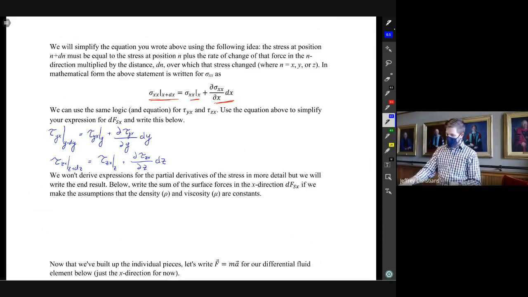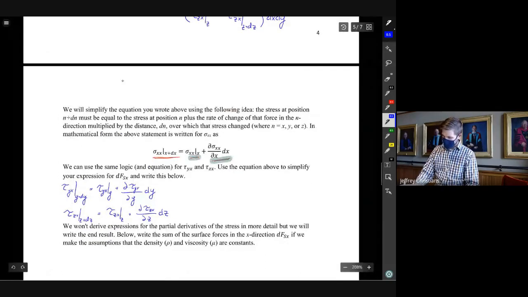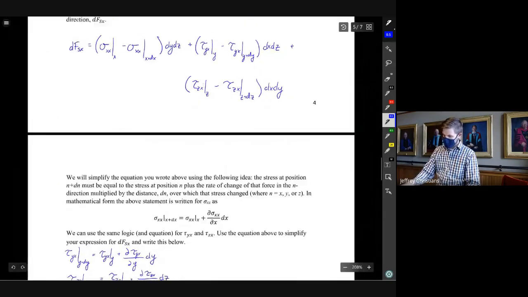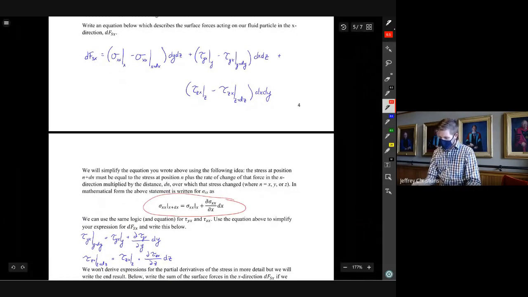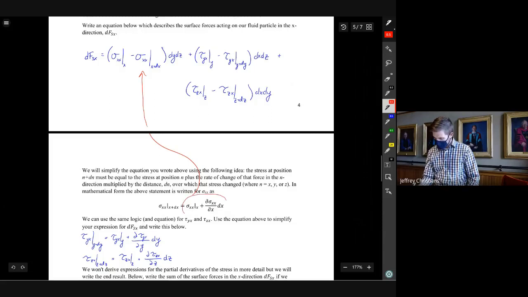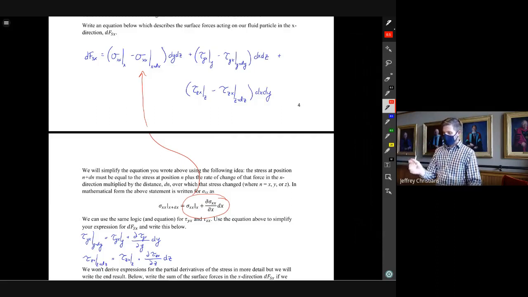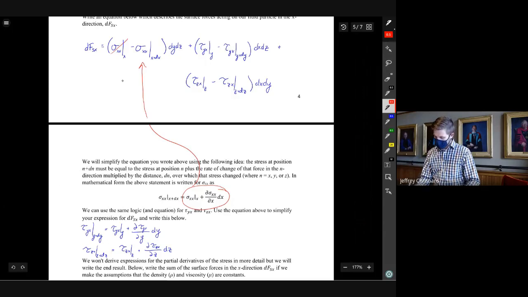Okay, so what we're going to do, and again we'll look at the sigma part first, is take this equation and those other two that we just wrote and plug them in up there. If we plug in this right side up there, the handy thing is this will cancel out with that.